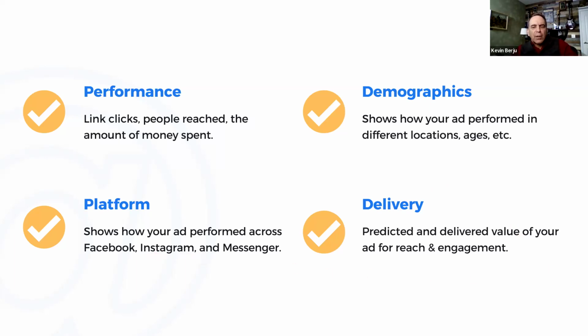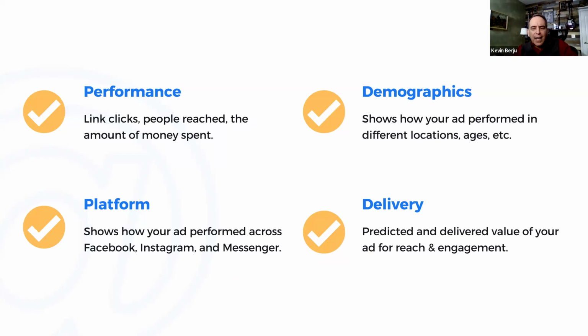Platform. The platform tab shows you how your ad performed across all the platforms. So how did it do on Facebook? How did it do on Instagram if it went there? Messenger. Did it do well in Marketplace? It'll show you how it did across the mobile news feed. You can view the data, like impressions you've got, the reach, and the amount spent across each one of those platforms.